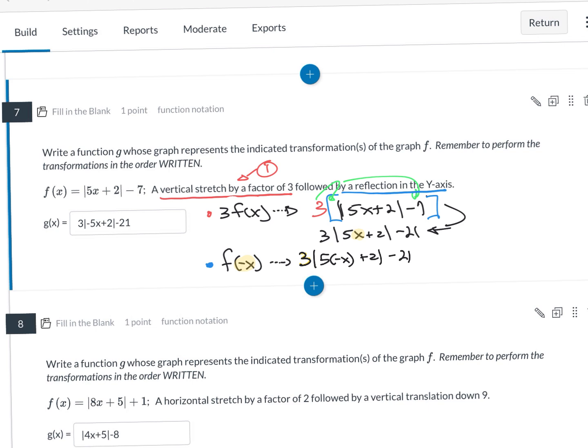And then your final answer is going to be g of x equals 3 times the absolute value of 5 times negative x, which is negative 5x, plus 2, minus 21. See, it matches that answer.